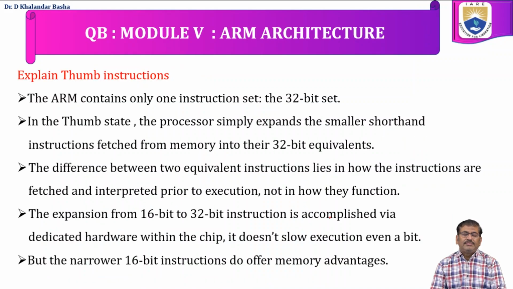Next, explain Thumb instructions. The ARM contains only one instruction set, that is the 32-bit set. In the Thumb state, the processor simply expands the smaller shorthand instructions fetched from memory into their 32-bit equivalents. The difference between two equivalent instructions lies in how the instructions are fetched and interpreted prior to execution, not in how they function.